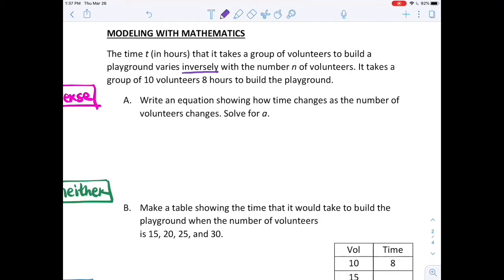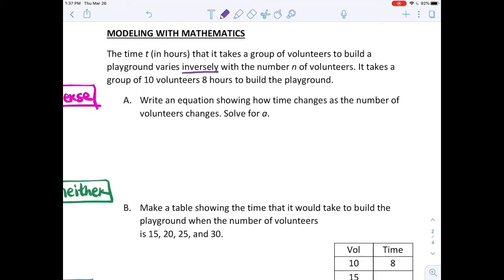So we're going to go through the same steps that we just did on writing an inverse equation and solving it. So we can write an equation showing how the time changes as the number of volunteers changes and solve that for A so that we know what A is equal to. So we're used to using X's and Y's.